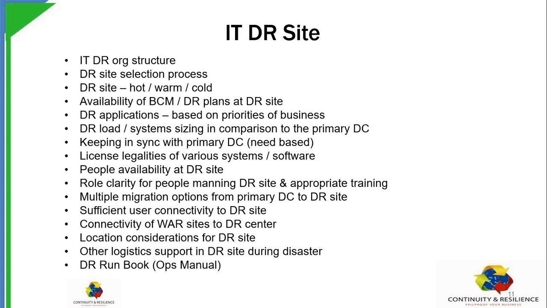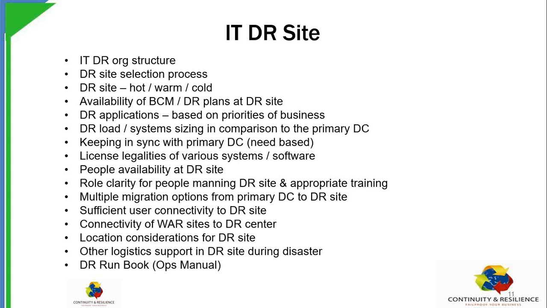Your critical applications are already installed in the alternate data center, and real-time backup is happening on your data. There are multiple links, so people can connect from multiple links if required. So everything is plug and play. If your primary data center is down for any reason, you can immediately switch over to the alternate data center and start performing work from your normal location itself. So that would be your hot site.